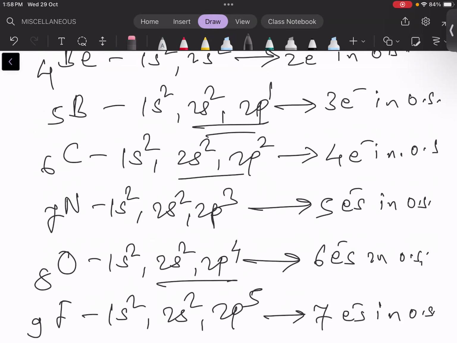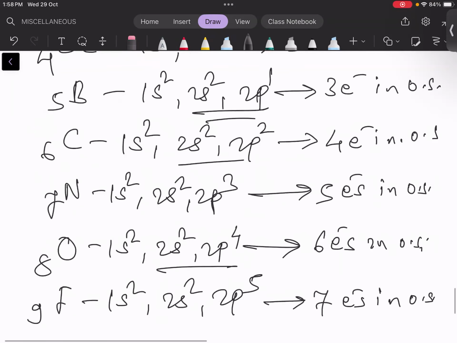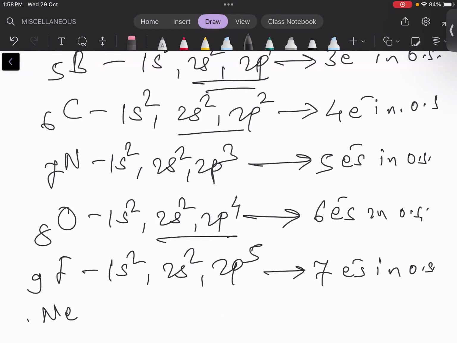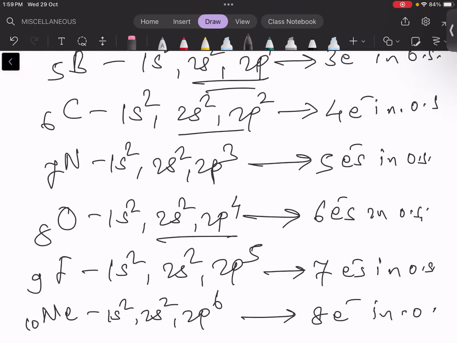Okay, likewise. Then neon 1s2, 2s2, 2p6. So 6 plus 2, 8. So it consists of 8 electrons in outermost shell. So you have to count only electrons present in the outermost shell and not the innermost shell.